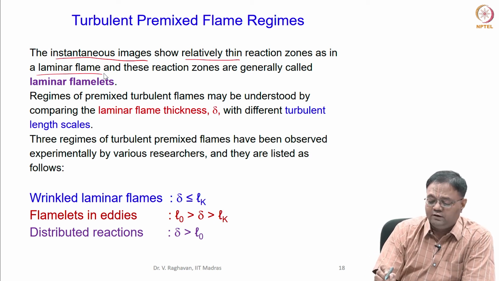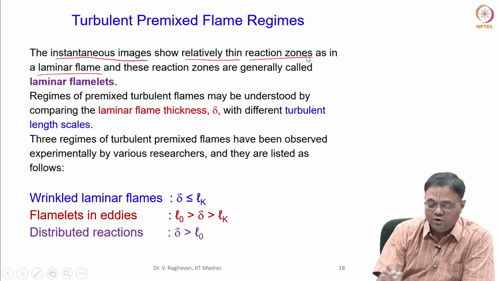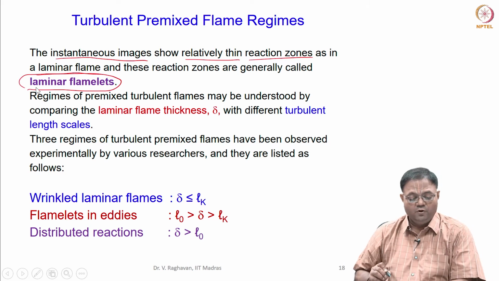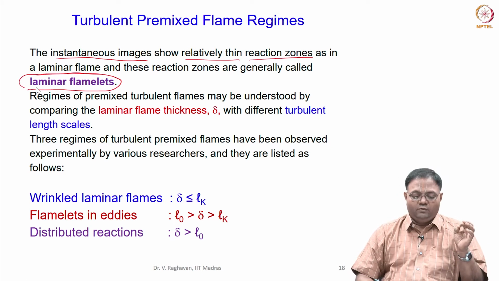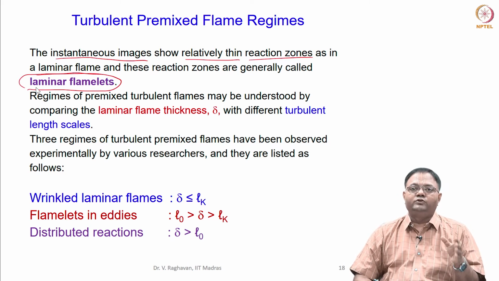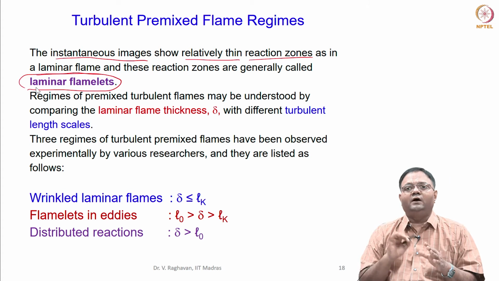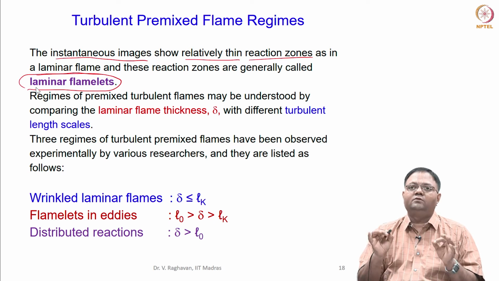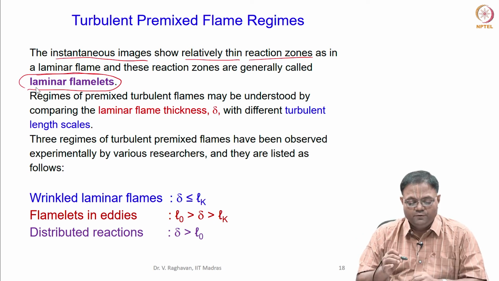So these thin flame reaction zones can be called laminar flamelets. So that we have to understand: laminar flamelets are the reaction zones which are not affected by the eddies, which only prevail outside the laminar flamelets. So laminar flamelets are thin reaction zones where there is no influence of eddies basically.